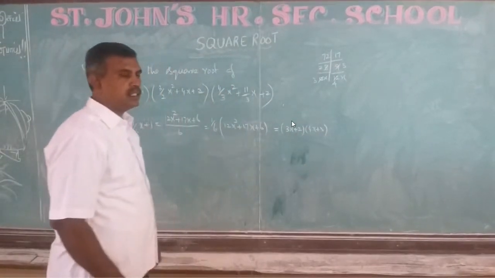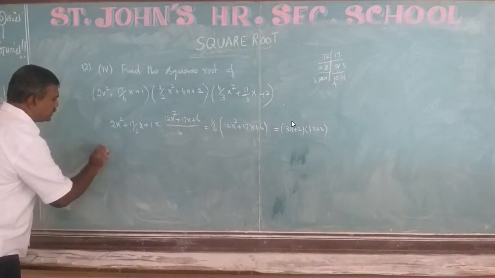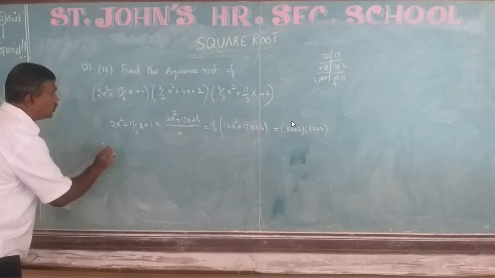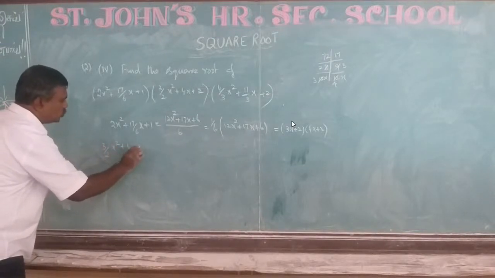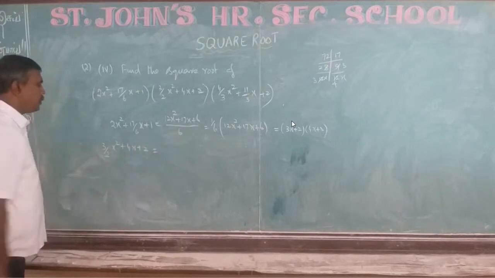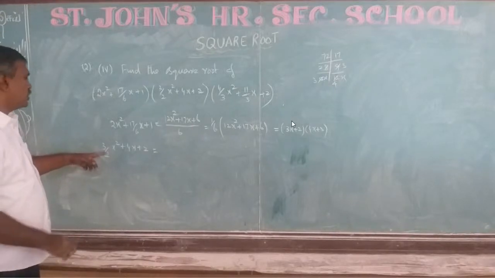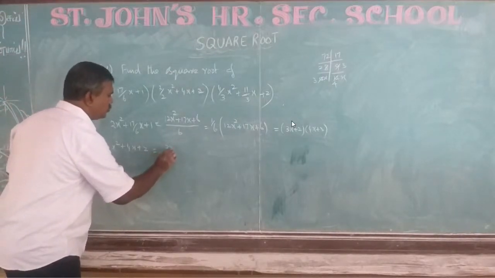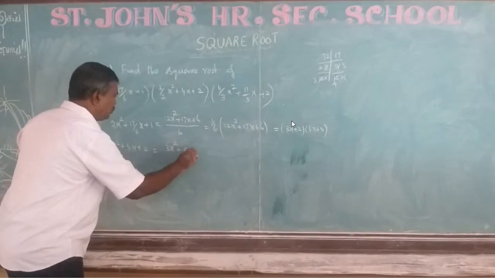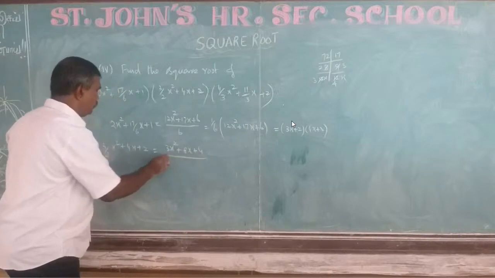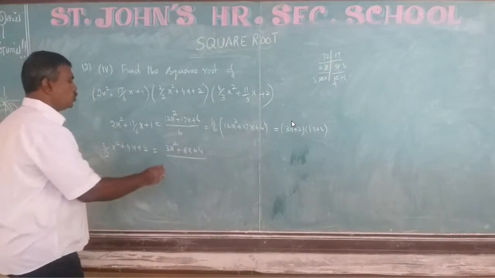We take the second expression, 3 by 2 x squared plus 4x plus 2. We take the LCM, which is 2. Therefore it is 3x squared plus 8x plus 4, divided by 2.